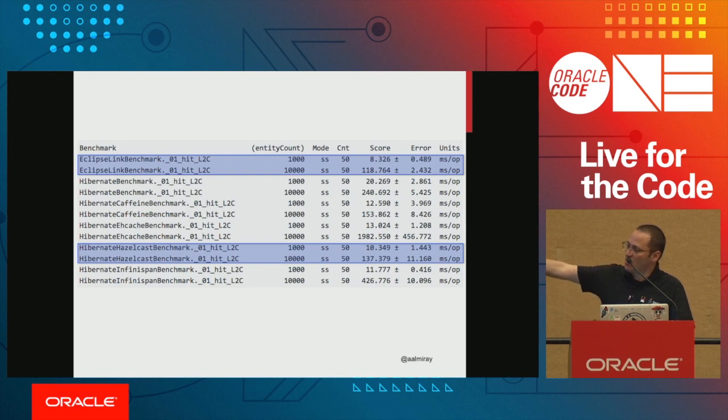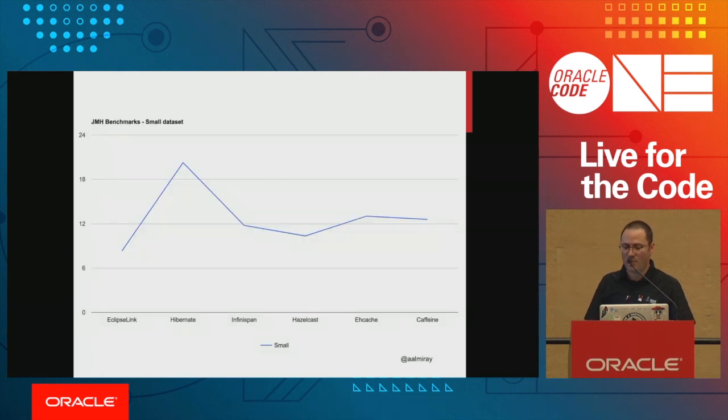The second blue rectangle that we see there is Hazelcast, and we see that the numbers are very, very close to EclipseLink, and this is the one that is fastest. If I were to put this in a graph, the first data point is EclipseLink, so that is the lowest. The topmost is Hibernate without any caching, and then we have the other caching solutions.